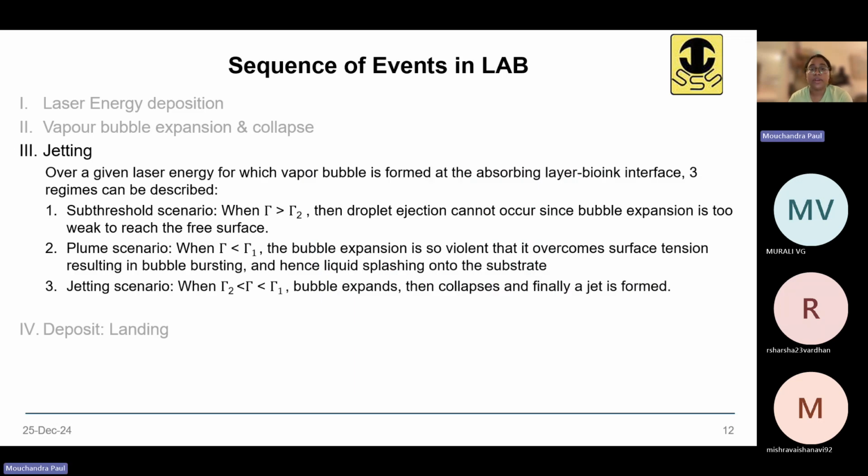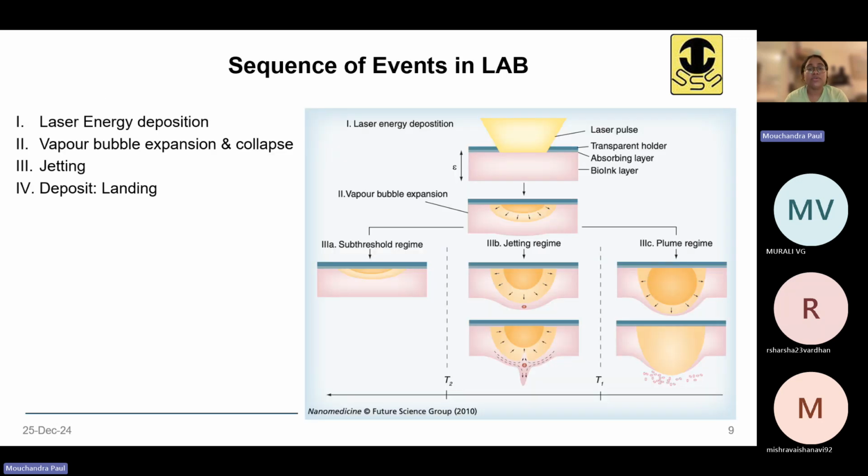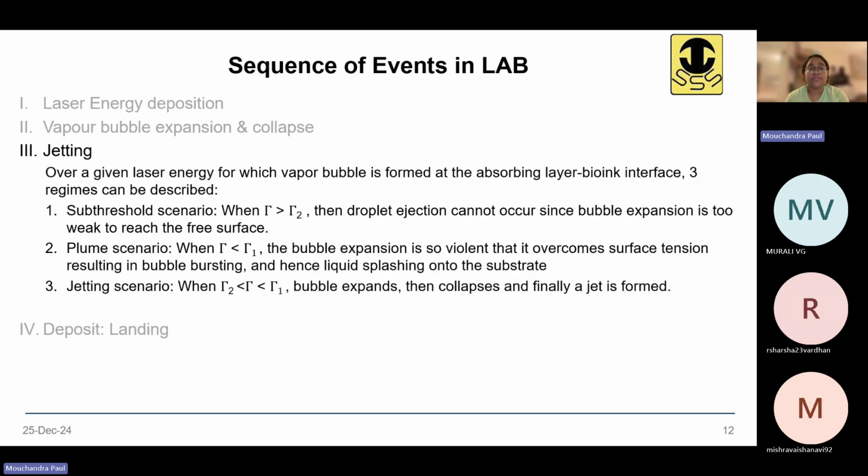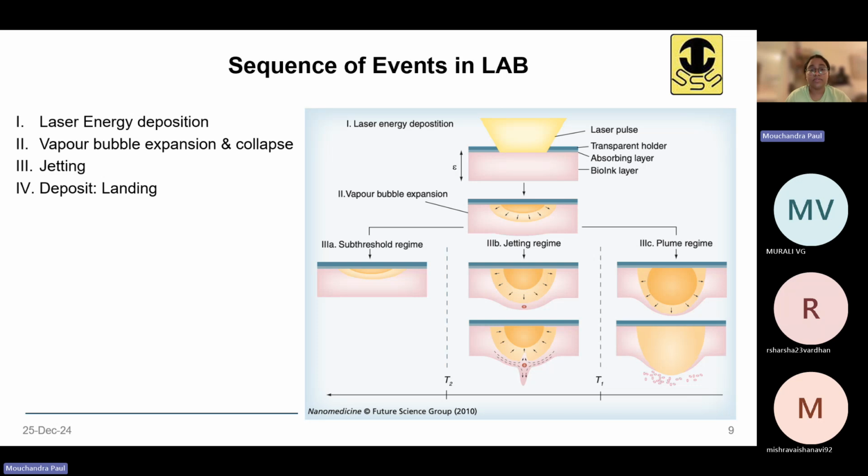Here, droplet ejection cannot happen. Why? Because the vapor bubble that is expanding is too weak to reach the free surface of the bioink. This is called the sub-threshold regime, meaning the vapor bubble could not even expand much towards the free surface of the bioink because it is too weak.